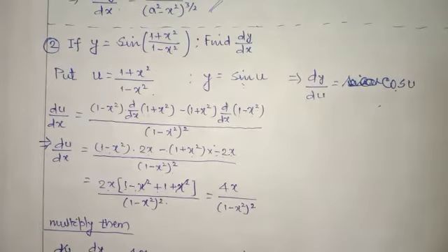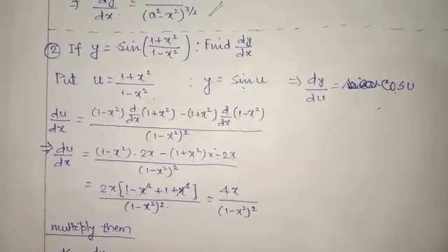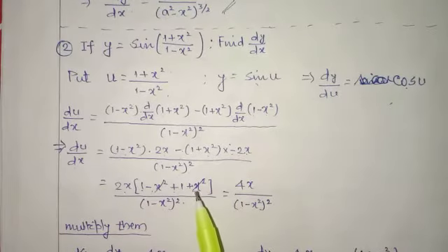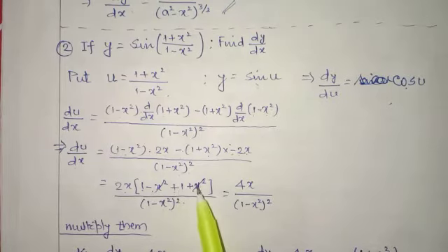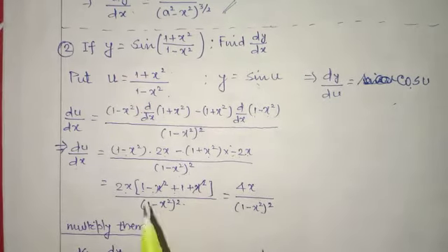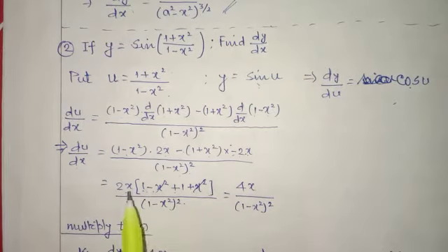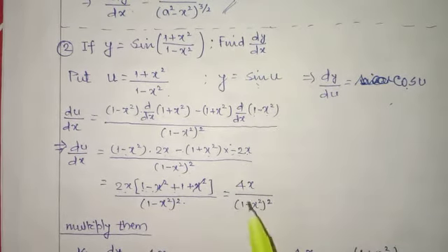So see, plus x square and minus x square in the bracket should cancel here. So this becomes 1 plus 1 is 2, 2 into 2, that is 4x upon 1 minus x square whole square.